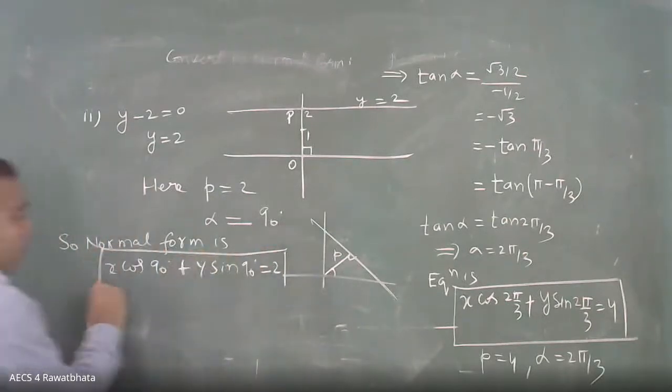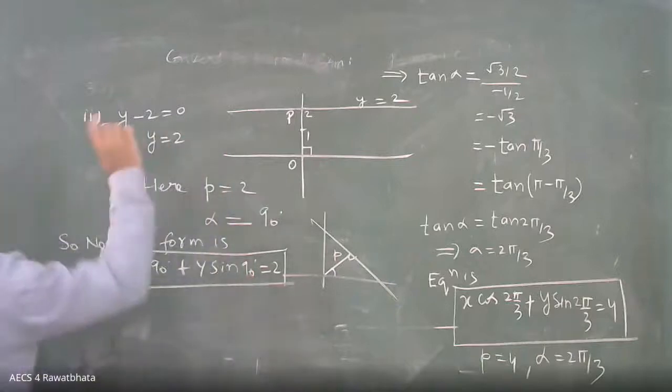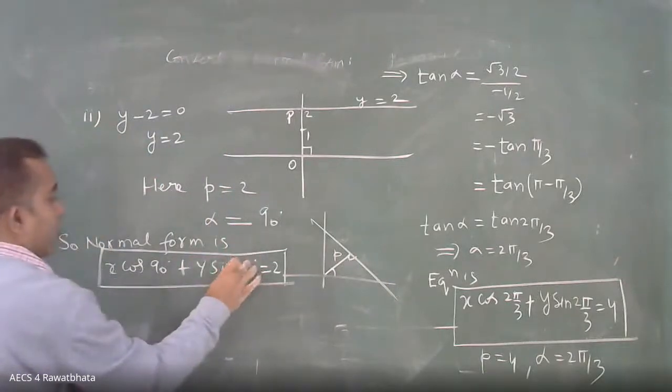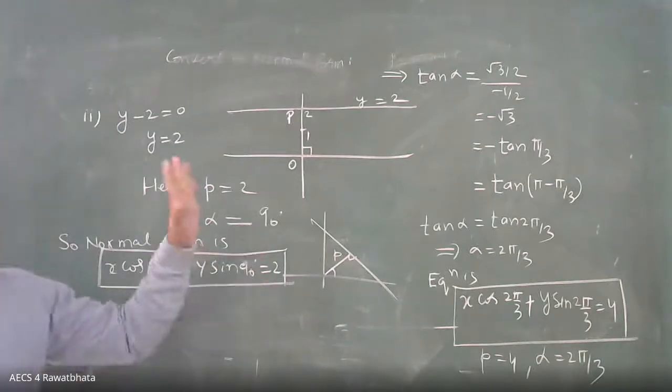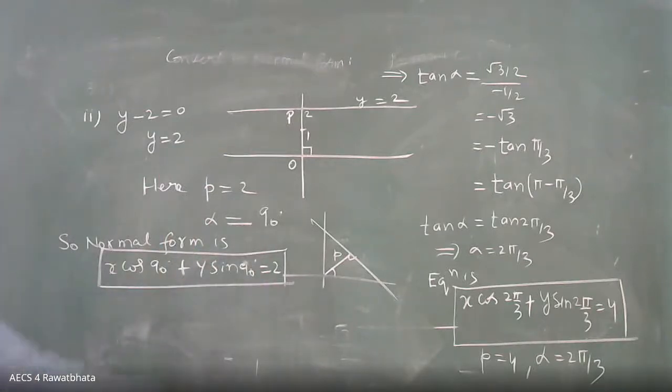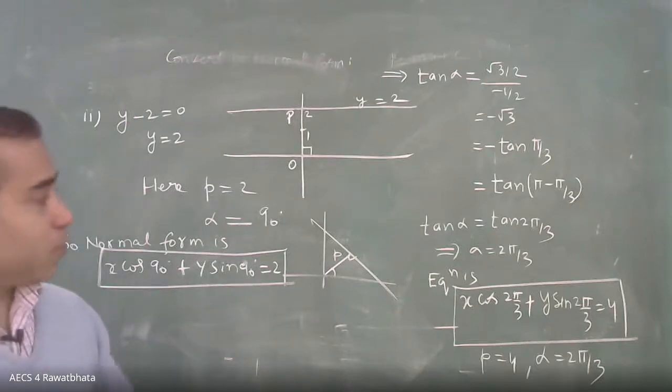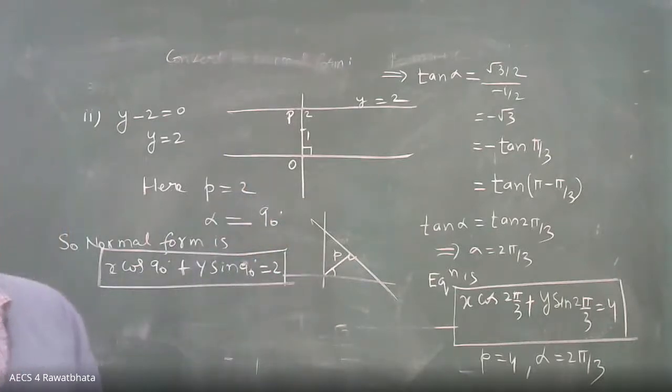And if you simplify, the same thing will come. So you can check whether your answer is right. See, cos 90 is 0, sin 90 is 1. So y equals to 2 will come. Correct? So from graph also, this has helped us.